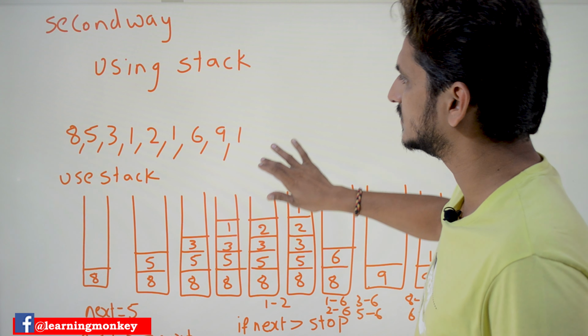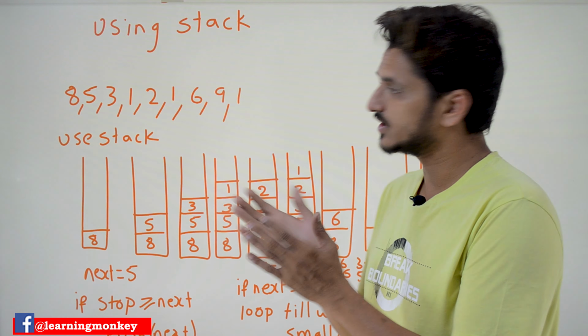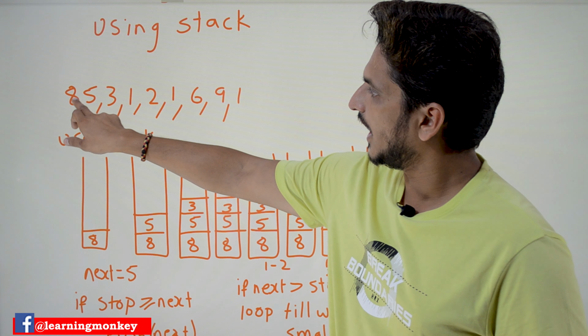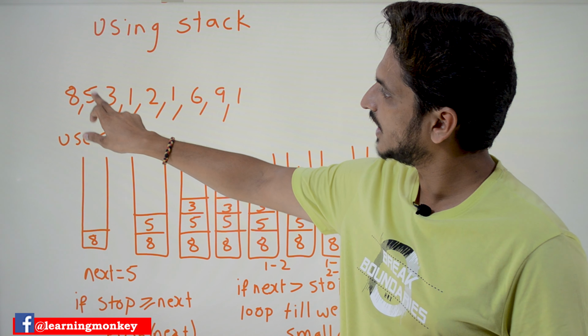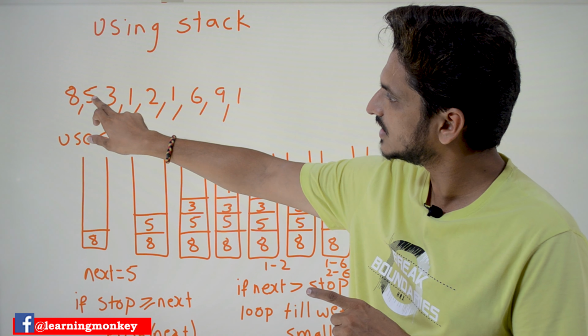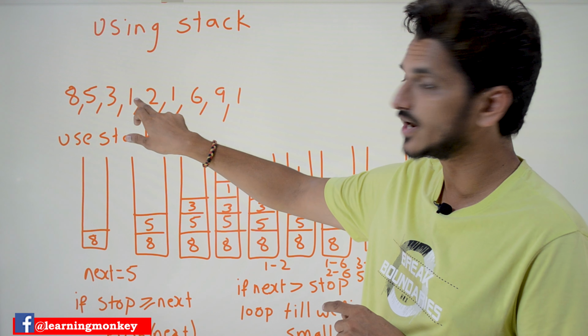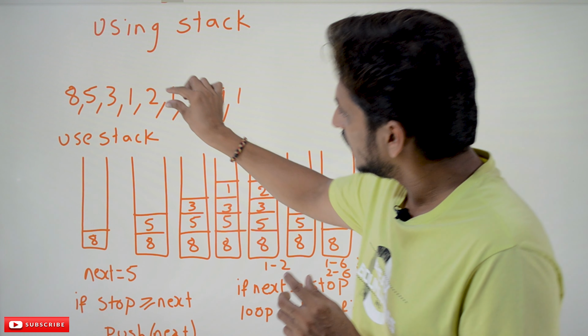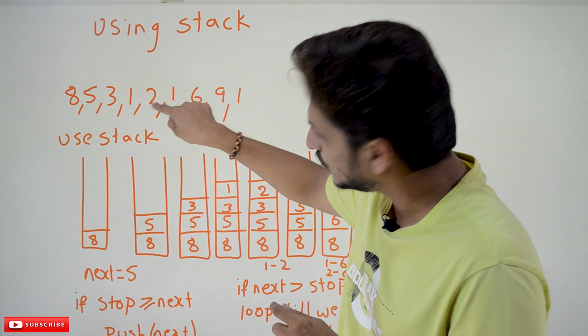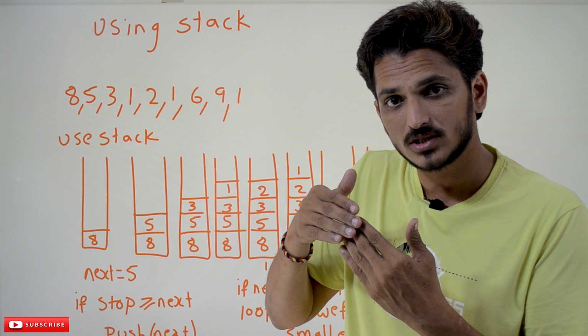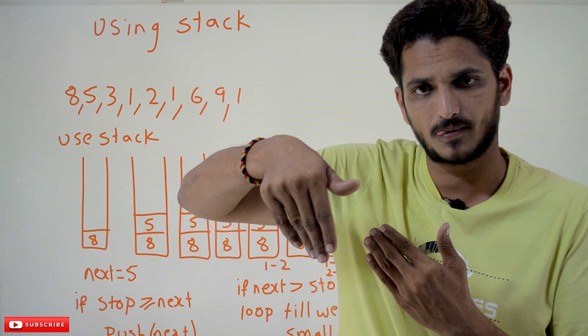Let's understand the logic. Why are we using stack? See, 8, 5 is less than 8, 3 is less than 5, 1 is less than 3, 2 is greater than 1. If you reach the point 2, the first element you have to check is the last visited.